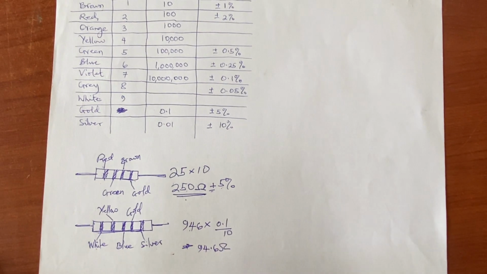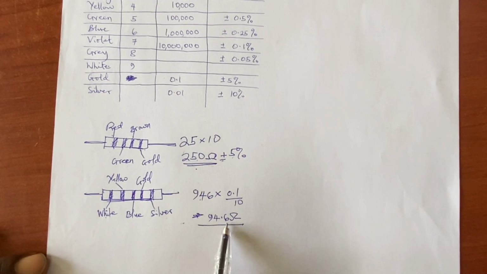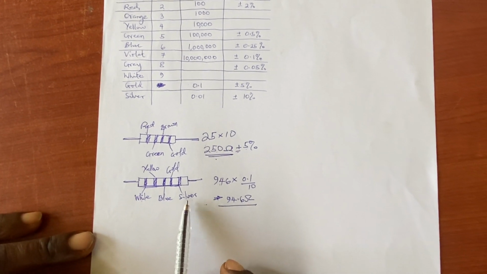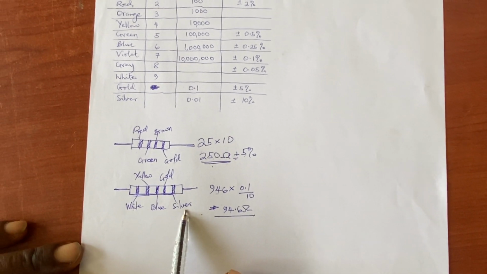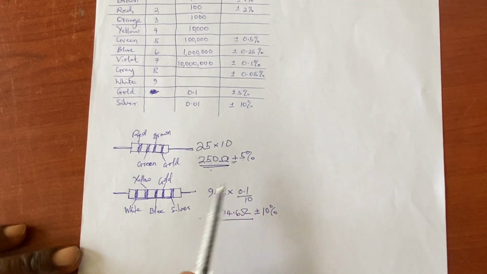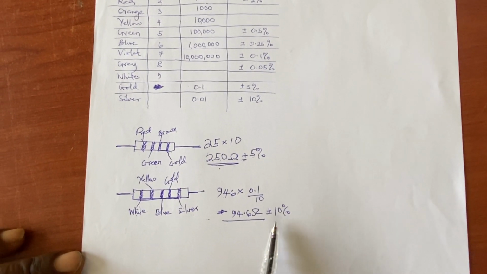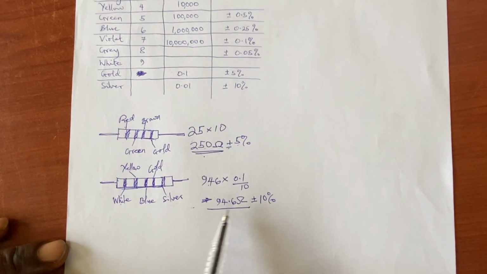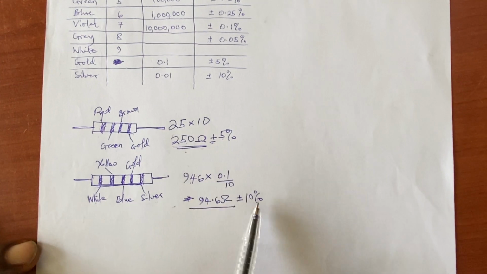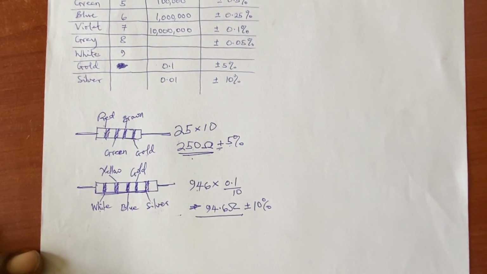So this is the ohm. It is 94.6 ohms. But this time around, we have silver as its tolerance, and that means it is plus or minus 10%. Like I explained the other time, it can be 10% less than this value or 10% more than this value.